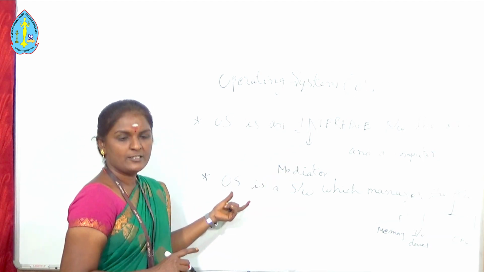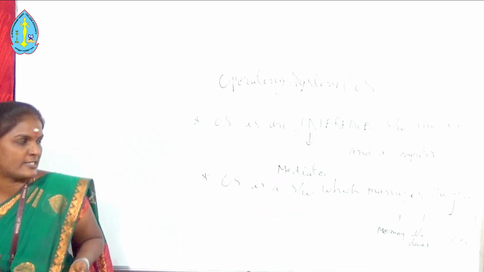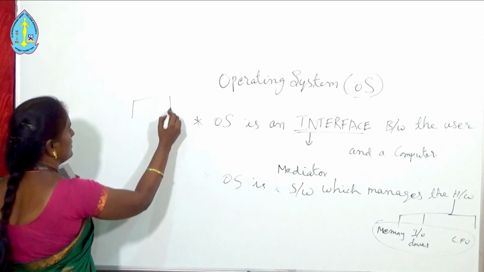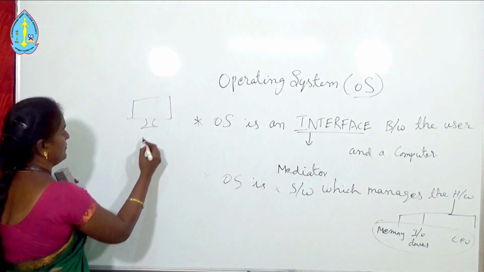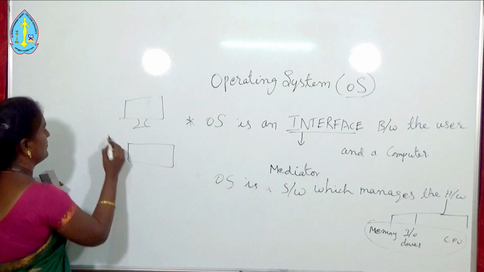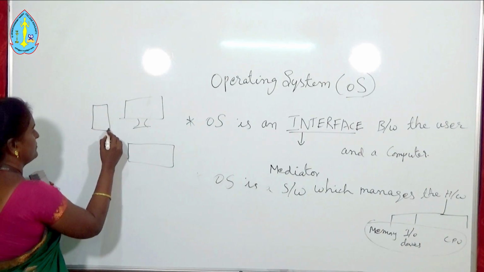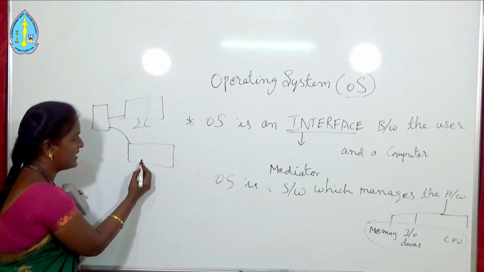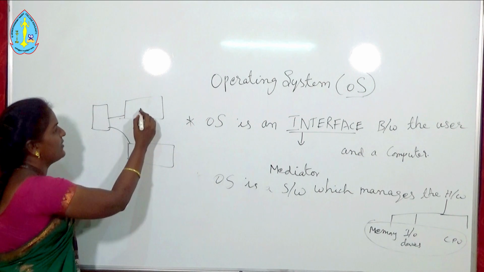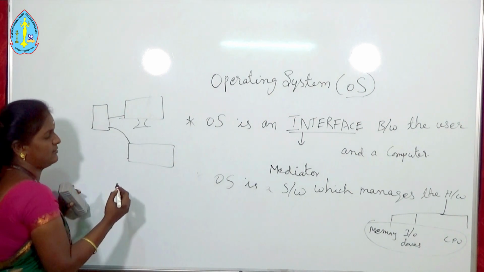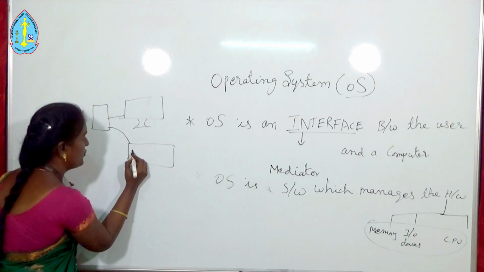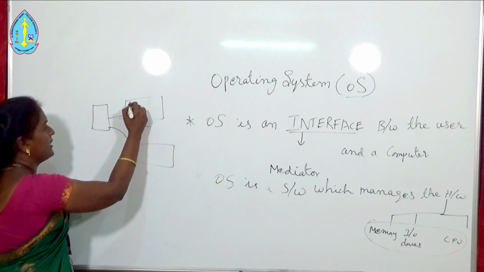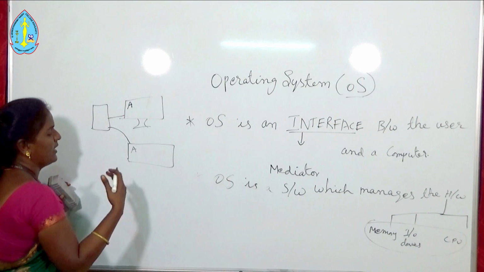Okay, we will see the best example to understand this point. Consider a computer, keyboard and CPU. If you press these keys, those keys will be printed on the screen. For example, if you press A key, that letter A will be printed on monitor.